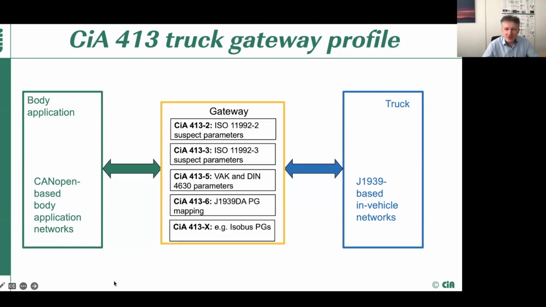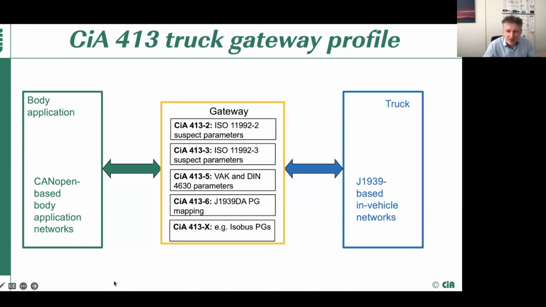Since J1939 is extensively used in trucks and trailers, heavy vehicles, and also in agricultural technique, we have a CANopen-based application profile for truck gateways, where we provide the information on what the gateway shall have inside. The list begins on the J1939 side.